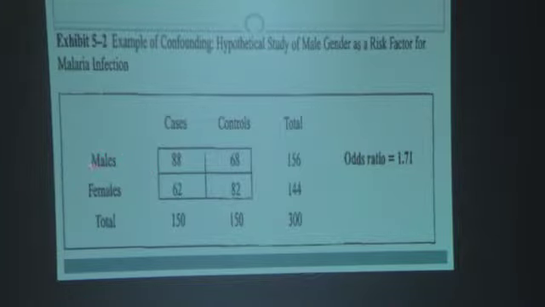In other words, being male is our exposure. Being a female, therefore, becomes a non-exposure. The outcome will be malaria or no malaria. So the cases are the ones with malaria, the controls are the ones without malaria. So you measure your association with a 2x2 table, cross tabulation, and you get your odds ratio of 1.71.